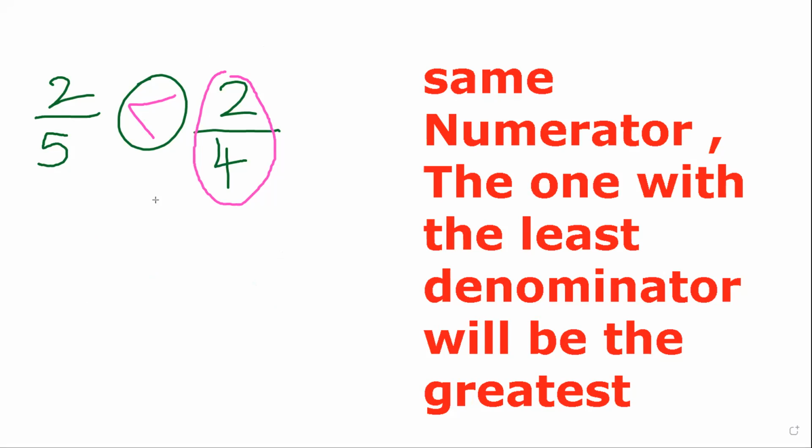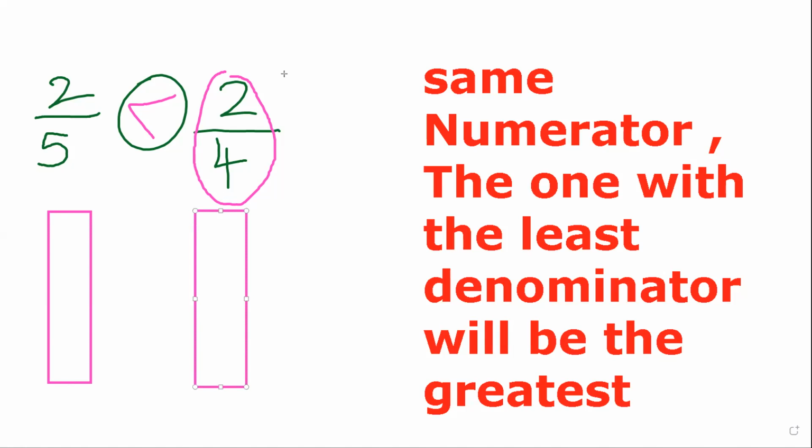Here we have 2 over 5, and here we have 2 over 4.